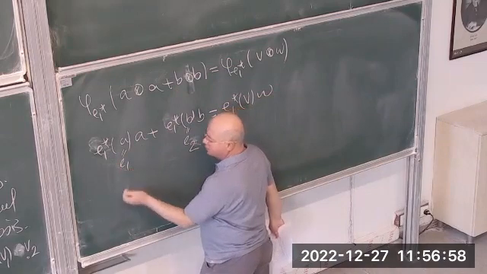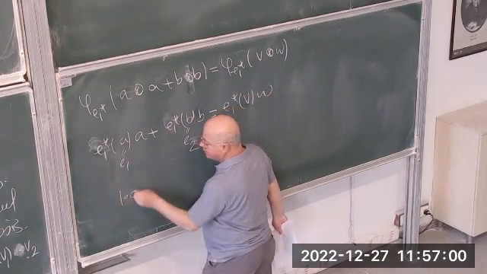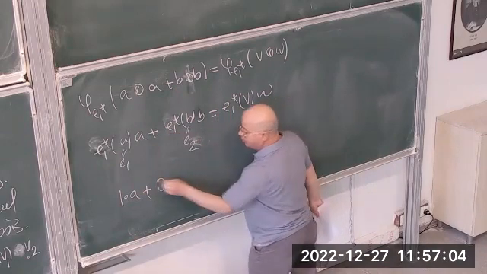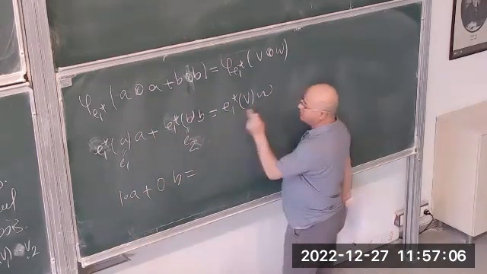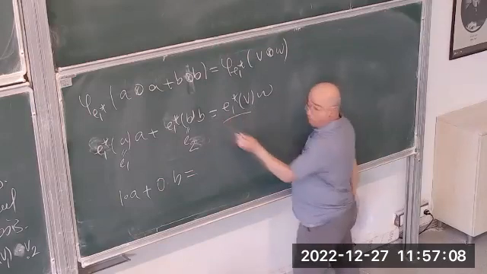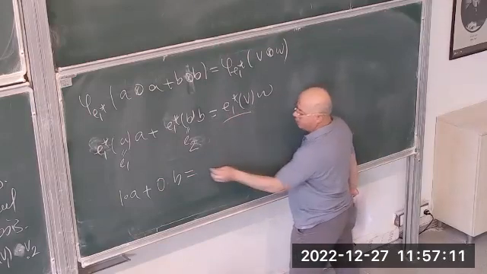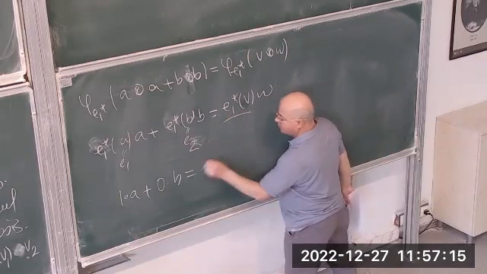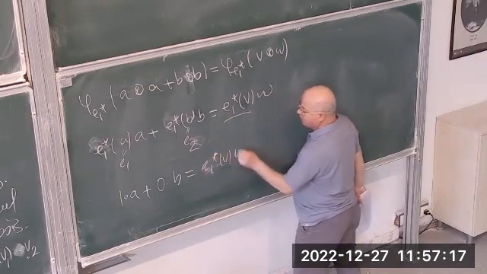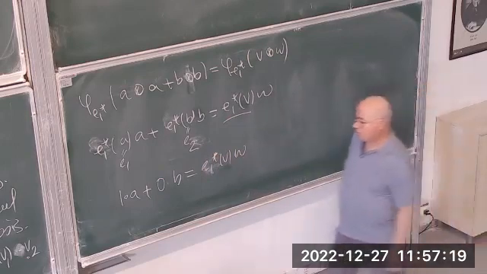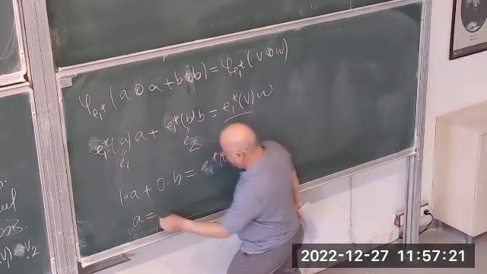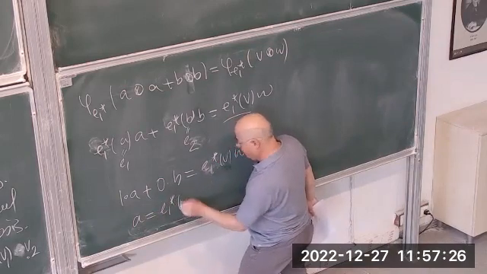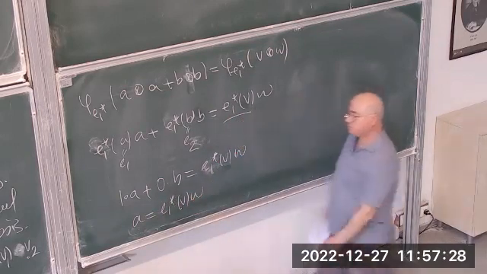E1 star E1 is just 1, so this is 1 times A plus E1 star applied to E2, which is 0, and this is some number, right? So let's say C1 times, okay, let me write E1 star of U times W. So what we see is that A is just E1 star of U times W.